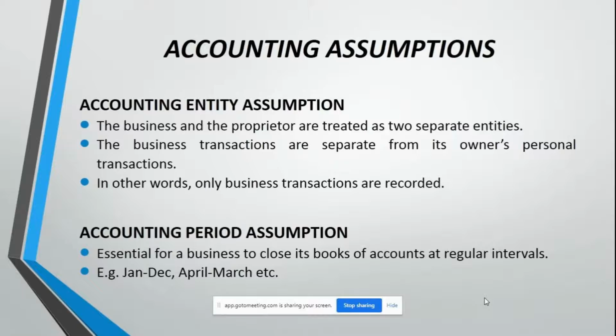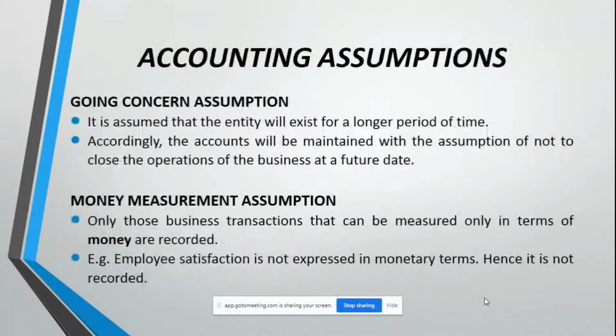Simple. From this Christmas to next Christmas, or from this Diwali to next year's Diwali. So it's like one year, right? Like this, they used to prepare their company's books of accounts, and from then on we close our books of accounts at regular intervals of time.